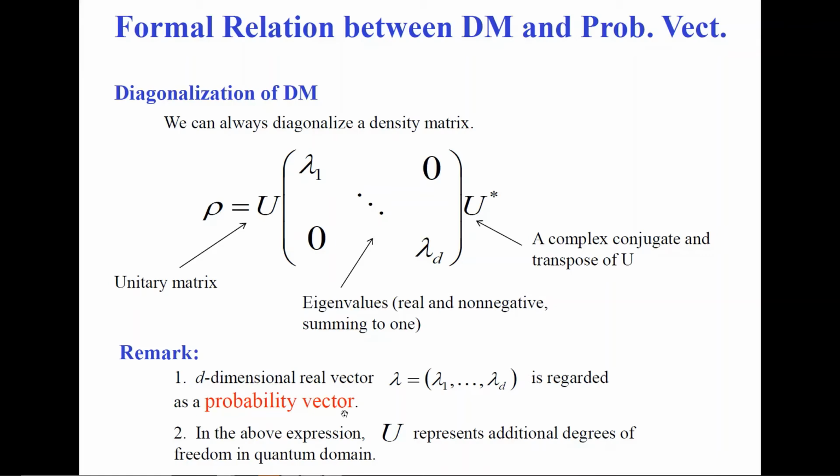And in the above expression, U times the diagonal matrix times U conjugate, the unitary matrix U represents additional degrees of freedom in the quantum domain. Roughly speaking, this is a certain classical or non-quantum part of the density matrix.